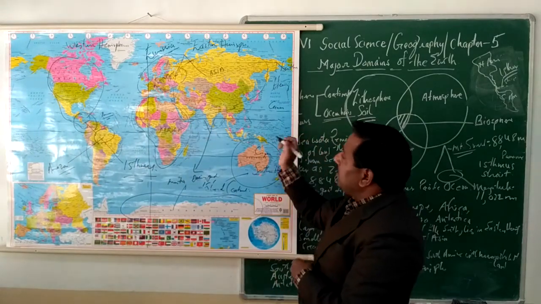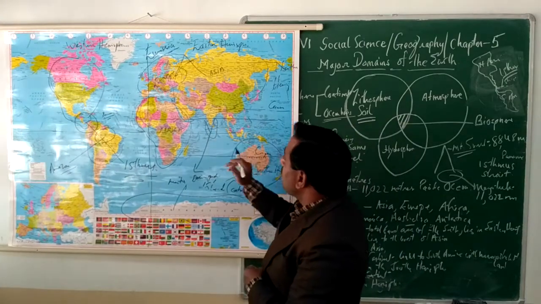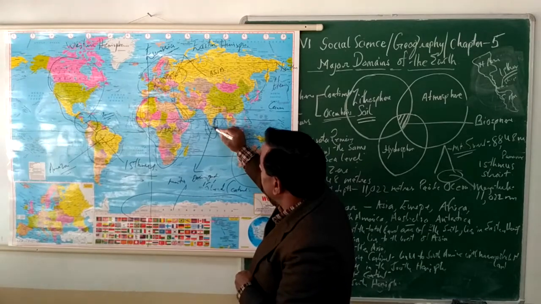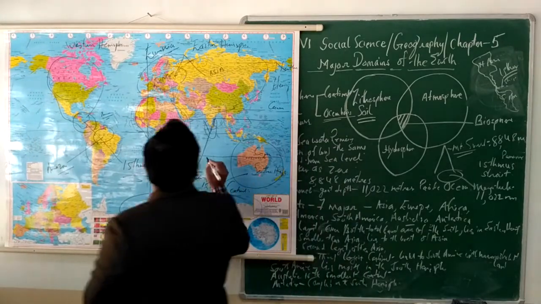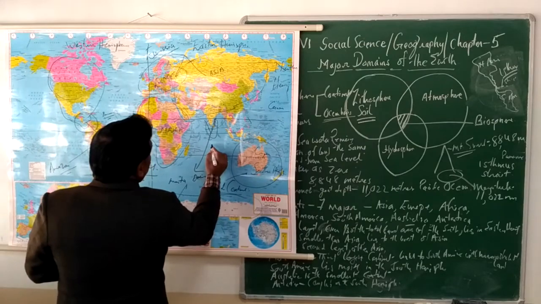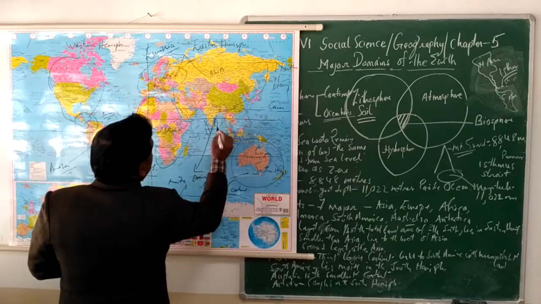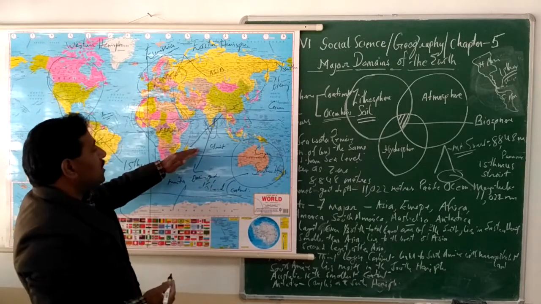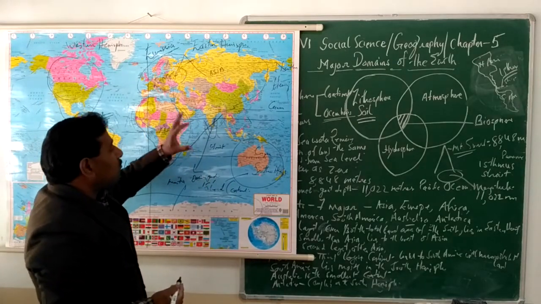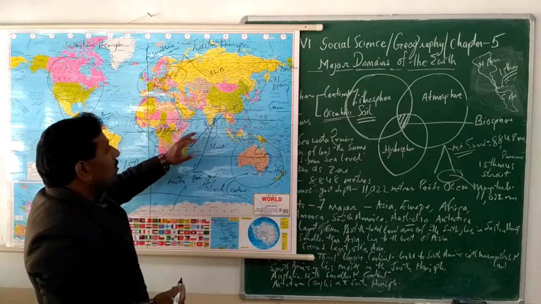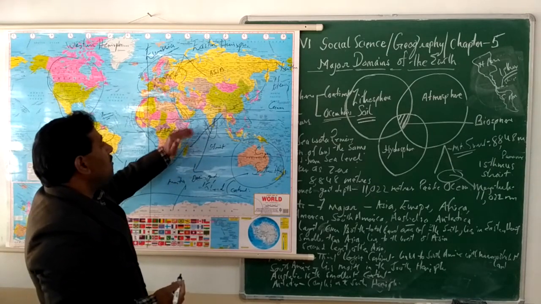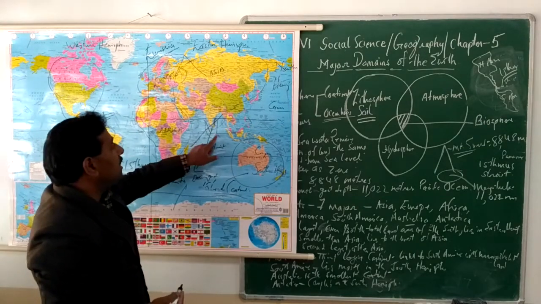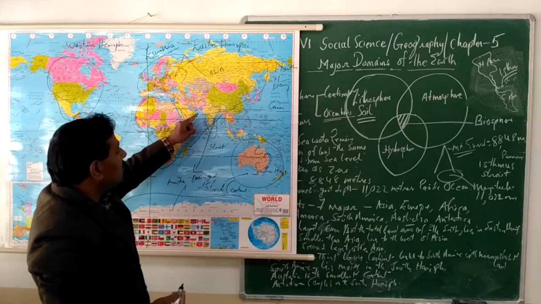Now, let us talk about one more important thing: the strait. A strait is a narrow stretch of water body, sea or ocean, which separates one country from the other.